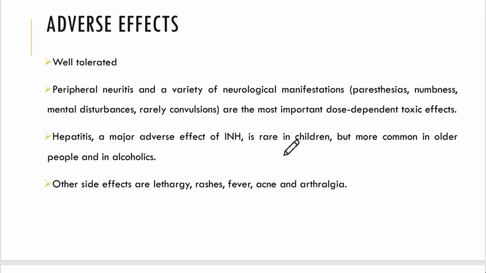In children it is rare, but it is common in older people and in alcoholics, like the people who generally consume alcohol in large quantities. Other side effects are lethargy, rashes, fever, acne, and other allergic reactions.